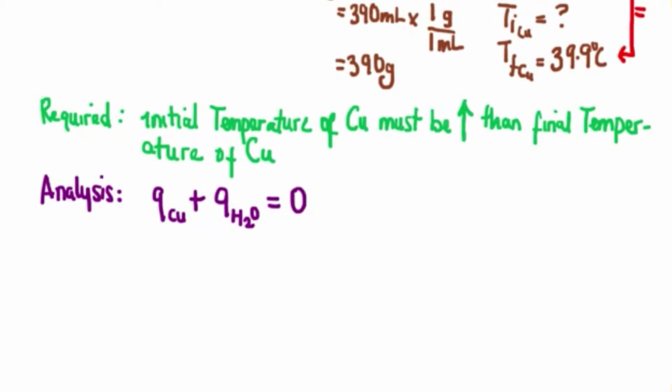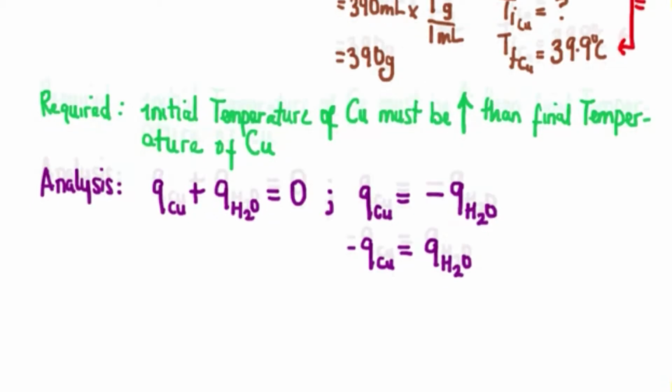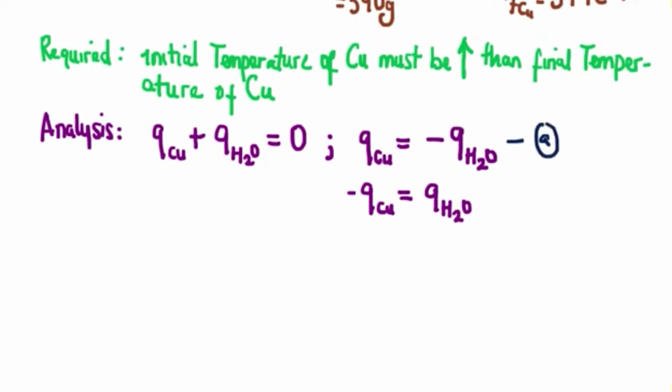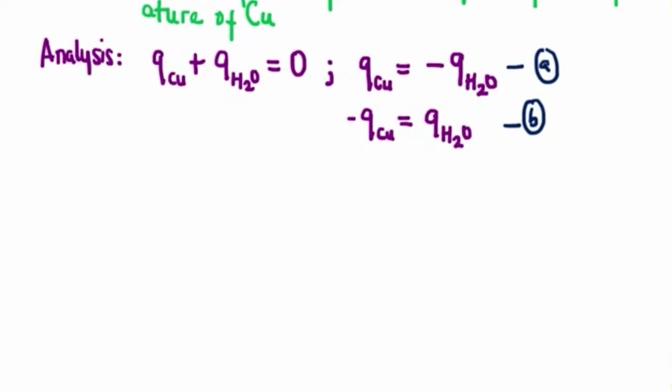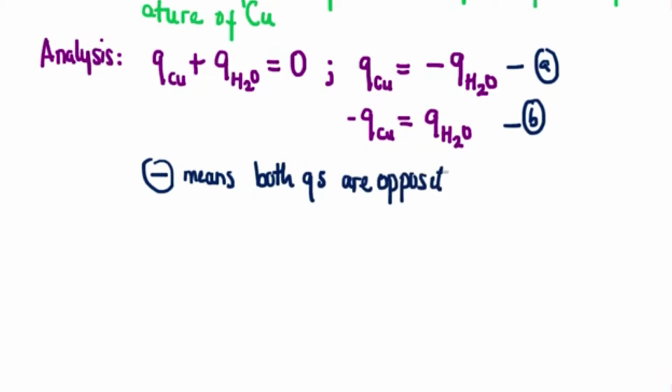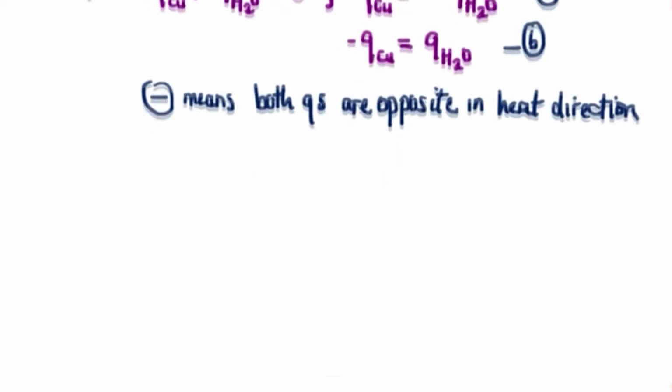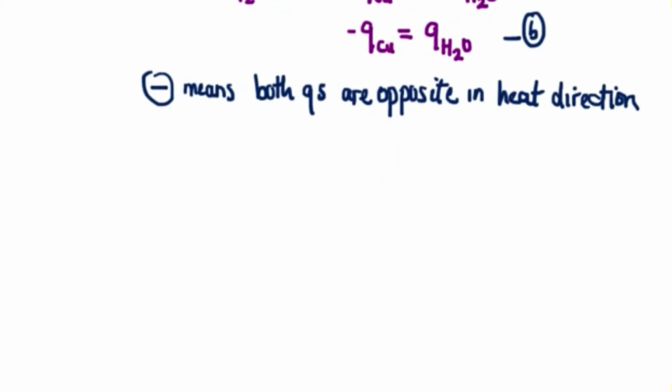Thereby, if you move water to the other side of the equation, we have a negative sign, where the heat loss or gain by copper is equal to the heat gain or loss by water. The negative sign is not an arithmetic indication in a way. It is a sign that indicates both quantities are opposite in direction of heat flow, either gain or loss.